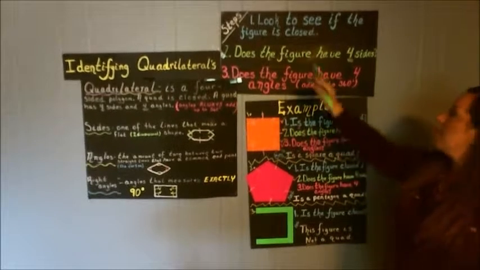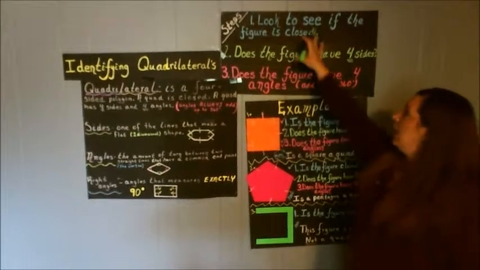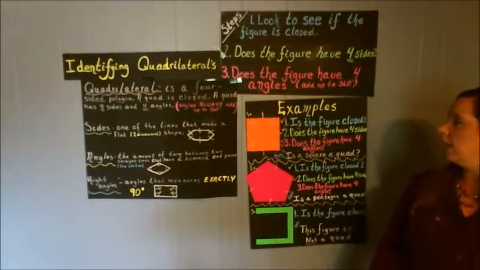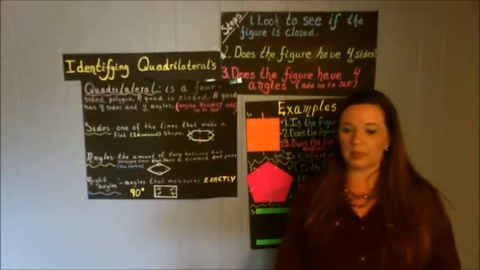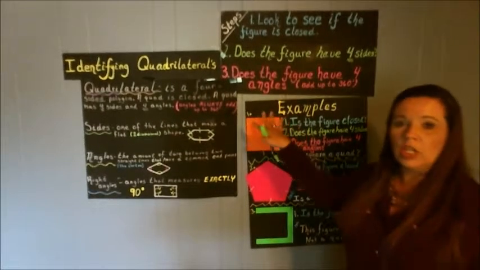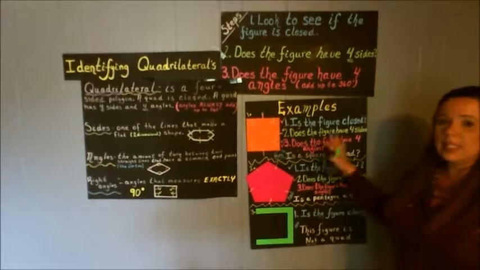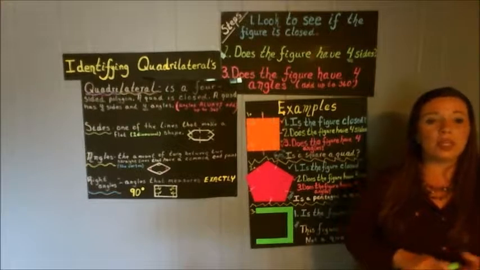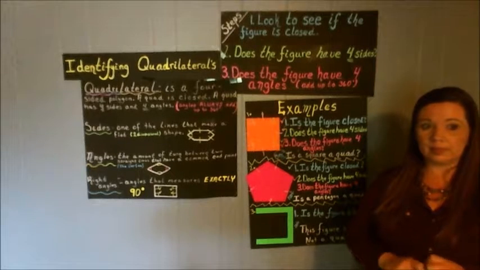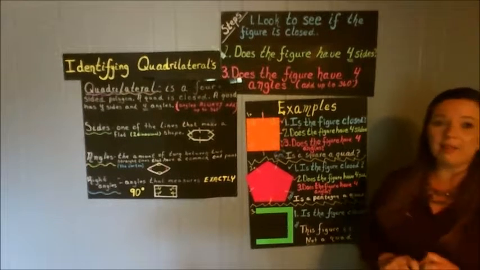No. You would automatically just stop, and if it's not a closed figure, then it is not a quadrilateral. Okay? All right. I'm going to give you 5 minutes to write this in your journals. Are there any questions? Okay. I'm going to give you 5 minutes, okay?